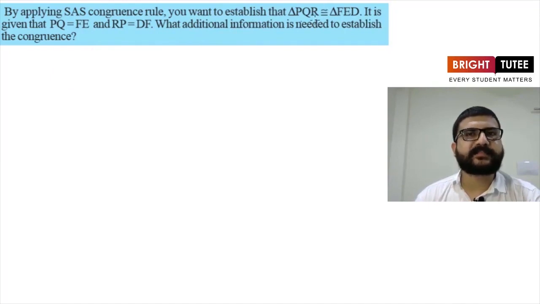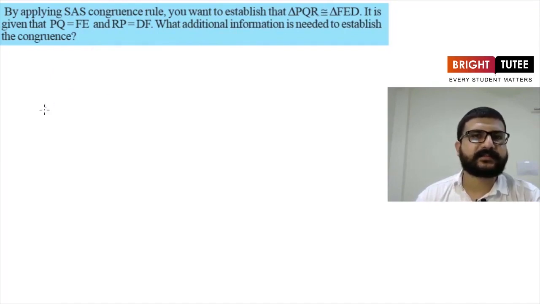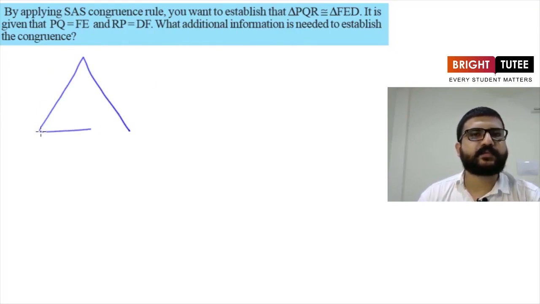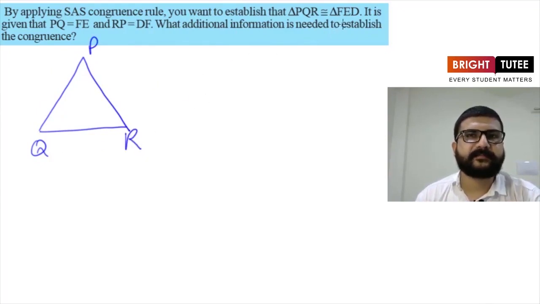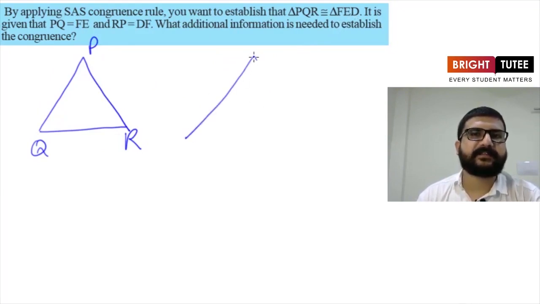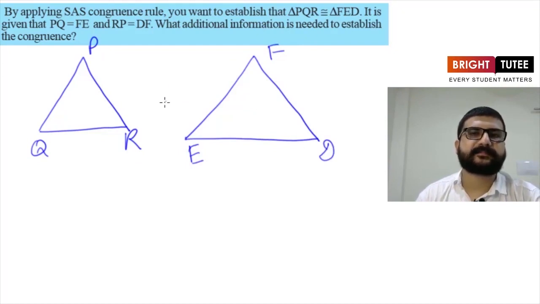So first of all, let's draw rough sketches of both the triangles. So here is triangle PQR. Let's say it is P, this is Q, and this is vertex R. And we need one more triangle, it is FED. Let's say here is triangle FED. This is F, here is E, and this one is D.